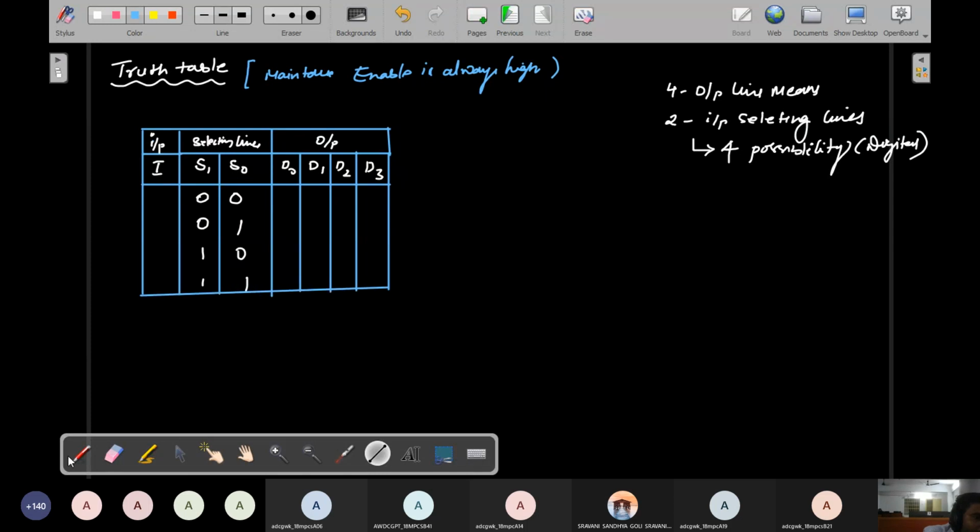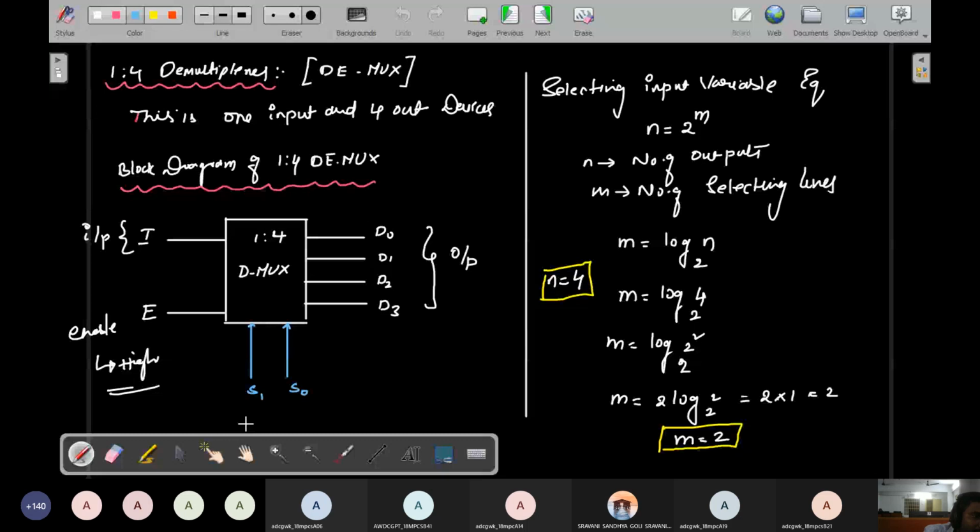Right now what will happen? If 00 is given to the selecting inputs, which I represent here by yellow color, then this input is selecting only one of the outputs.